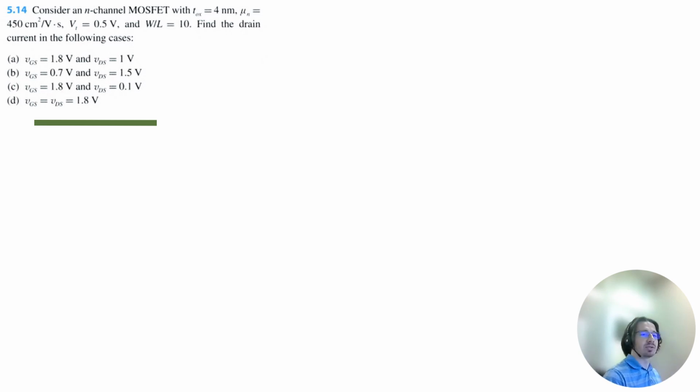Before we just start tackling this problem, there's some preliminary information that would be helpful to discuss first. We need to consider two cases for each of these problems. MOSFET devices will either operate in the triode or saturation region.